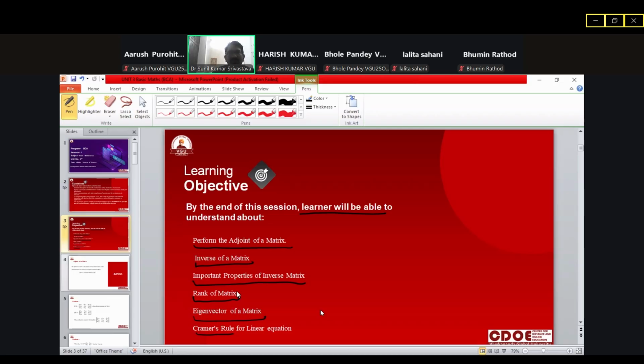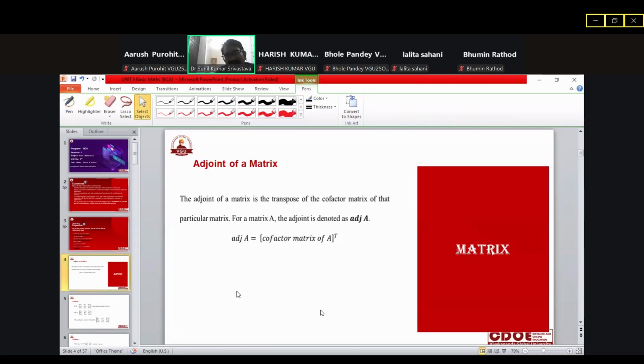First of all, we have to know the definition of the adjoint of a matrix. The adjoint of a matrix is the transpose of the cofactor matrix formed from the given matrix. Suppose we have a matrix A, and we find a matrix B by taking the cofactors of each element of matrix A, and we then take the transpose of this matrix.